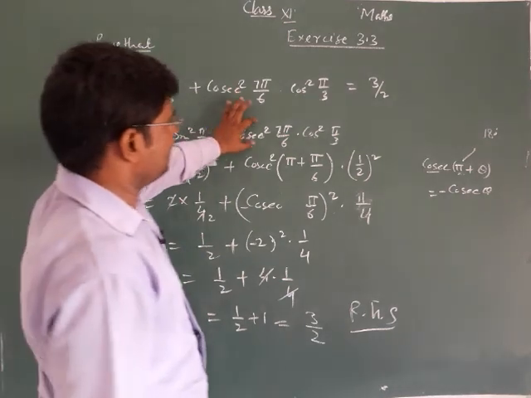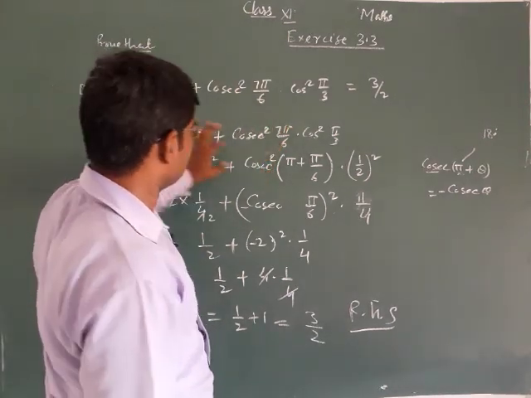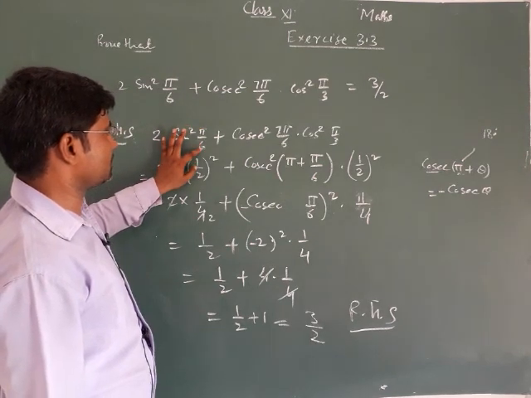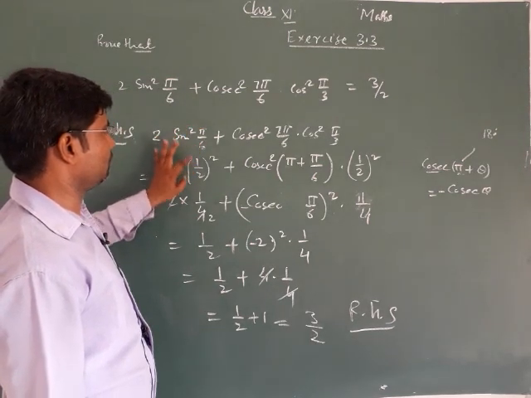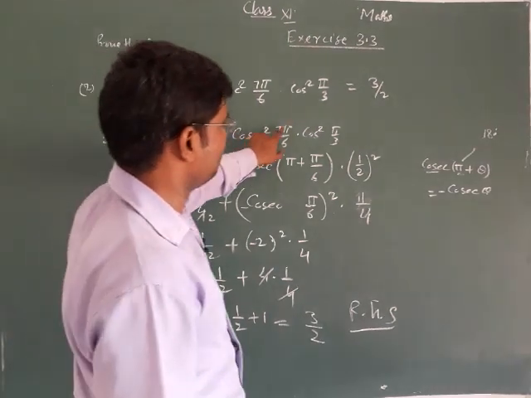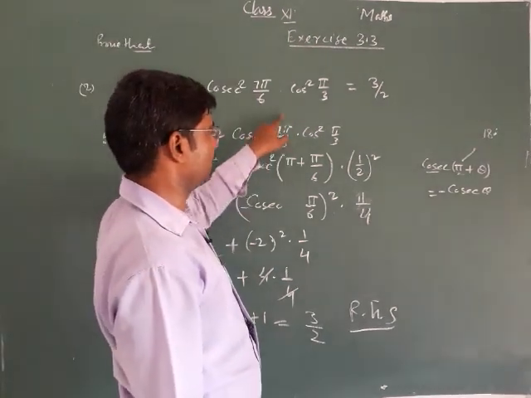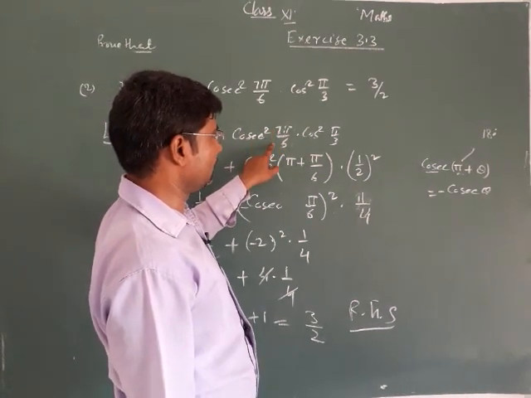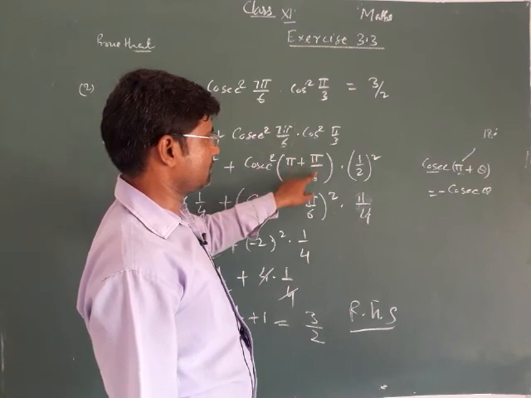So now change 7π. This is sin squared π/6, which means sin π/6, so this is sin 30, value 1/2. And cosec 7π/6, we break up this angle: π plus π/6.